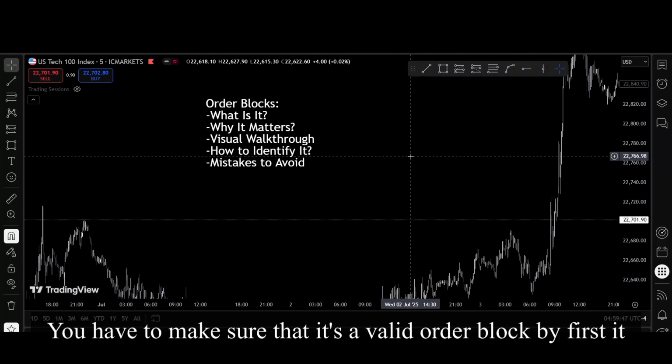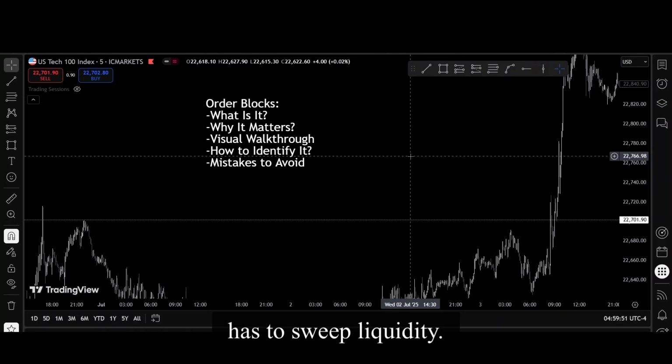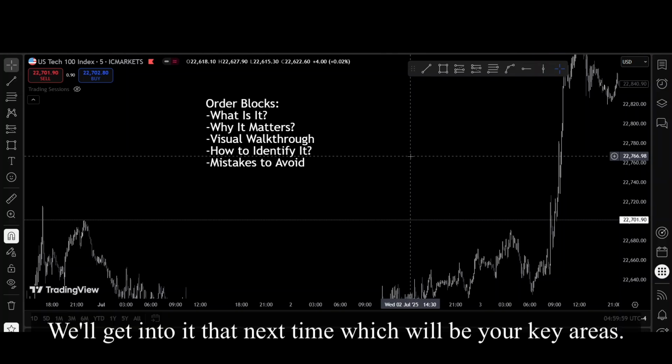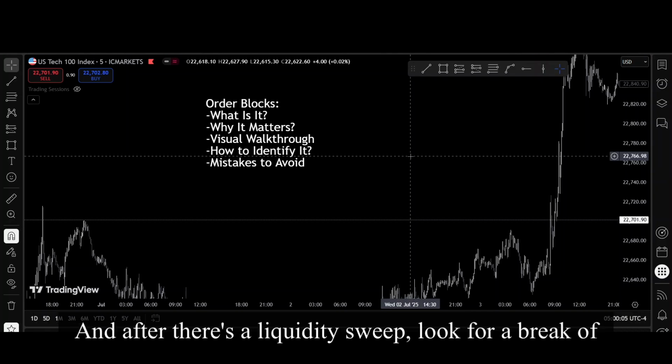You have to make sure that it's a valid order block. First, it has to sweep liquidity. Not just any liquidity though. It has to be valid liquidity. We'll get into that next time, which will be your key areas. After there's a liquidity sweep, look for a break of structure.